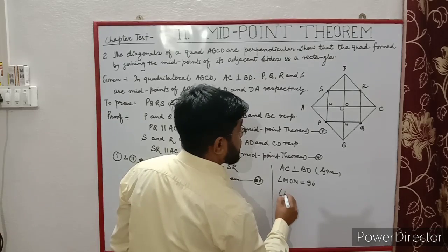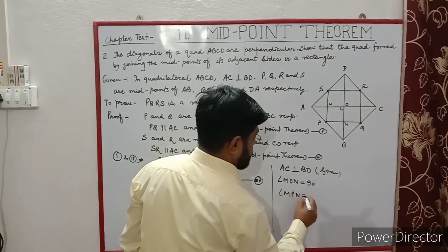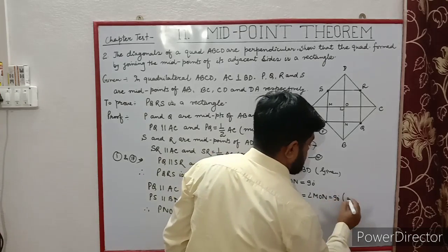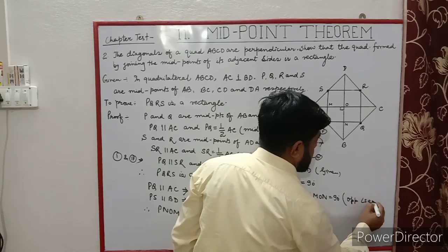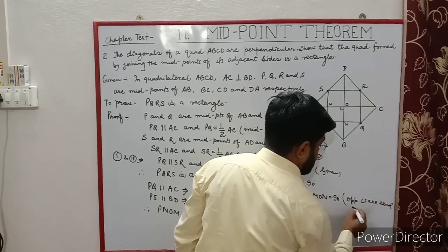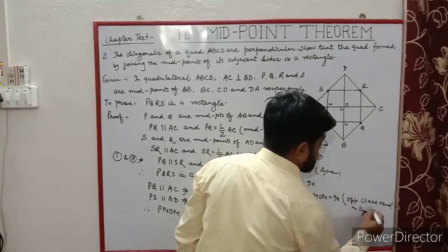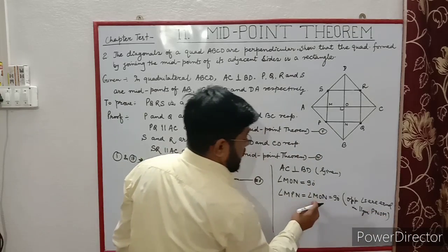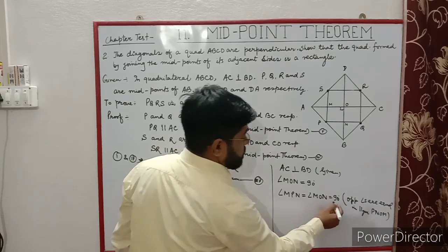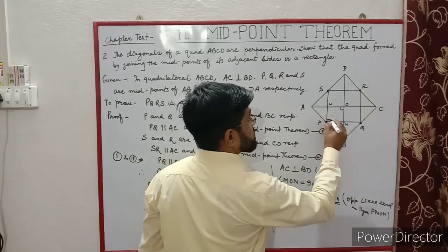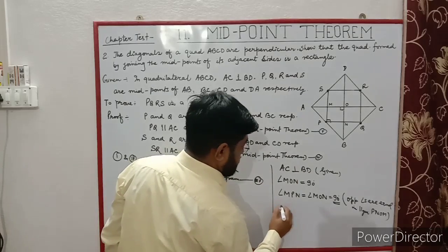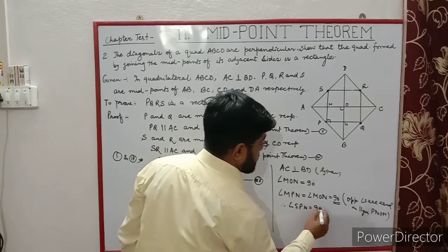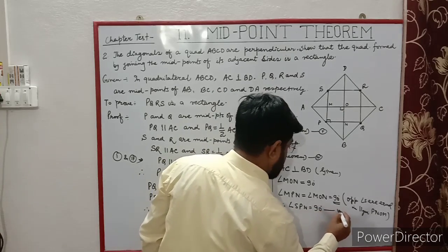Now angle MPN is equal to angle MON is equal to 90 degrees, because opposite angles are equal in parallelogram PNOM. Now angle MPN is equal to 90 degrees. Therefore, we can say that angle SPN is equal to 90 degrees. We assume equation number 4.